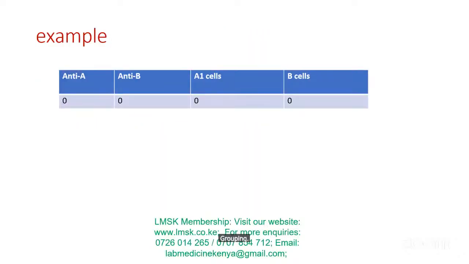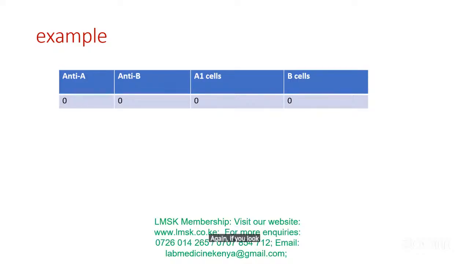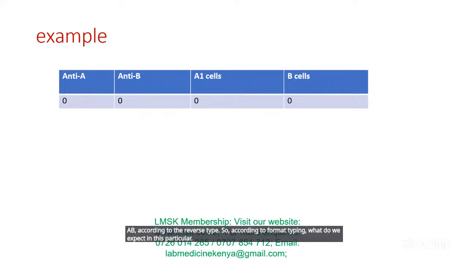So an example of group 1 discrepancy is the one shown in this particular table. Our grouping here, according to forward typing, the patient is O. Again, if you look at the reverse typing, the patient is AB. So according to forward typing, what do we expect in this particular patient?